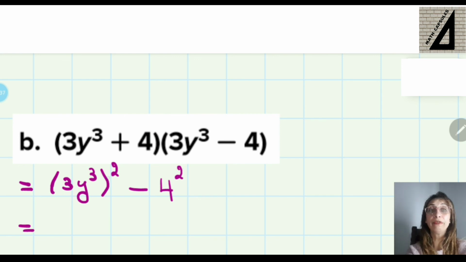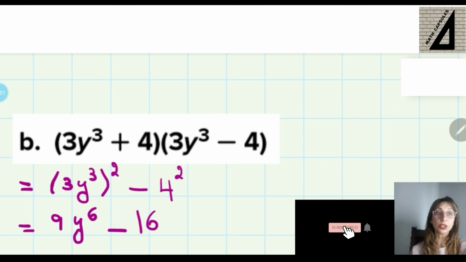Now you're going to simplify by putting the power 2 on each term, so it would be 3 power 2, that is 9, and y power 3 power 2 is equal to y power 6, minus 16, and this will be the answer in this problem.